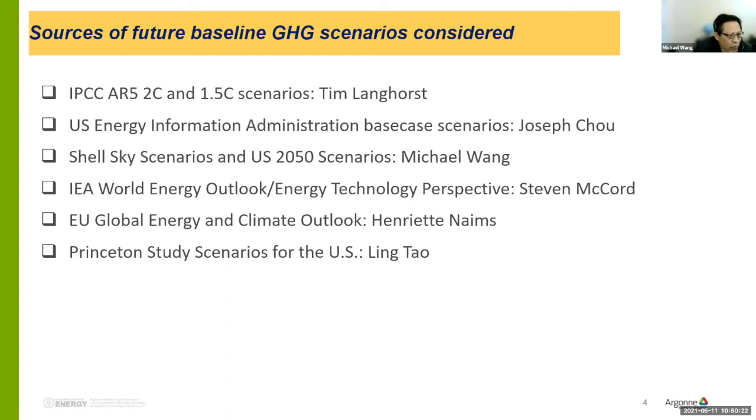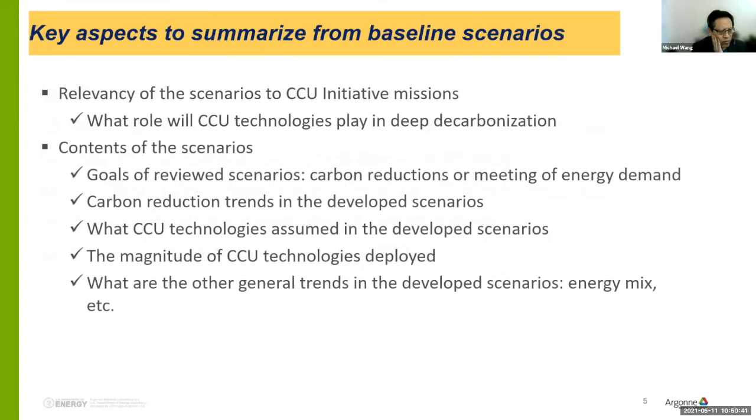The IEA World Energy Outlook and Energy Technology Perspectives are by Stephen McCorn. The EU Global Energy and Climate Outlook, the Heritage scenarios and the Princeton study scenario are by Lim Tao. So I'm going to present the key features of those scenarios later on.